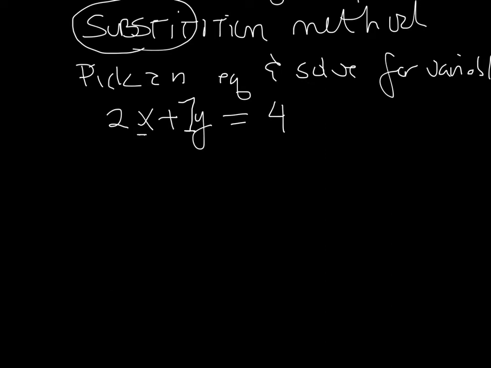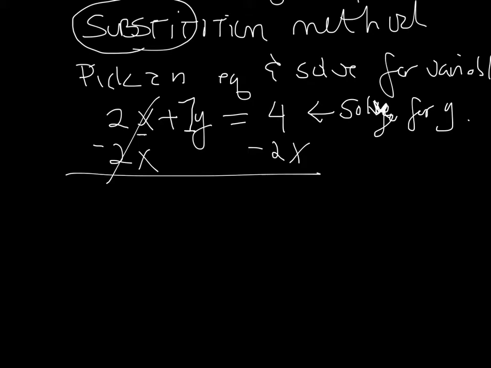So if I solve for y, I hope you can read this. Sorry, I'm doing this in the car while driving. Well, I'm not driving. Okay, so if I solve for y, or if I subtract 2x from both sides, right, I get 1y, or y, and y equals 4 minus 2x.